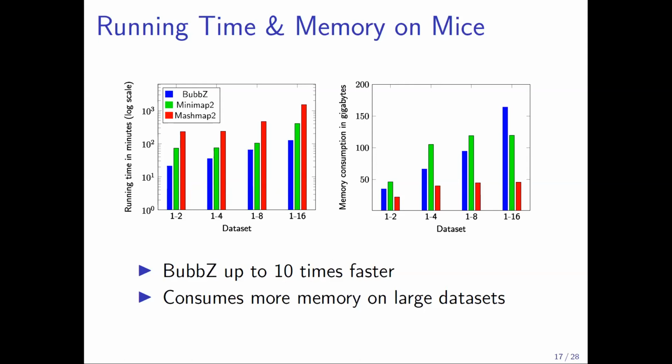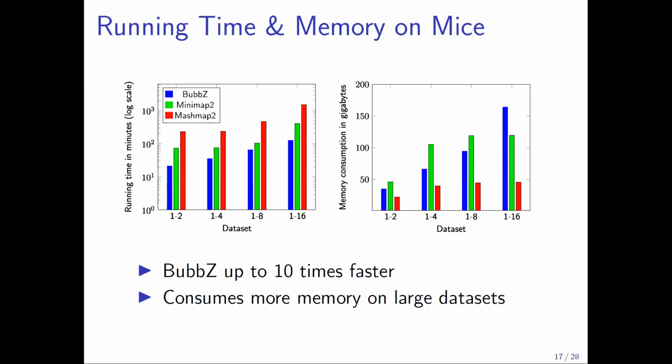And as you can see, BUBs is from 3 to 10 times faster than Minimap2 and MashMap2 in this dataset, but it consumes slightly more memory on large datasets.